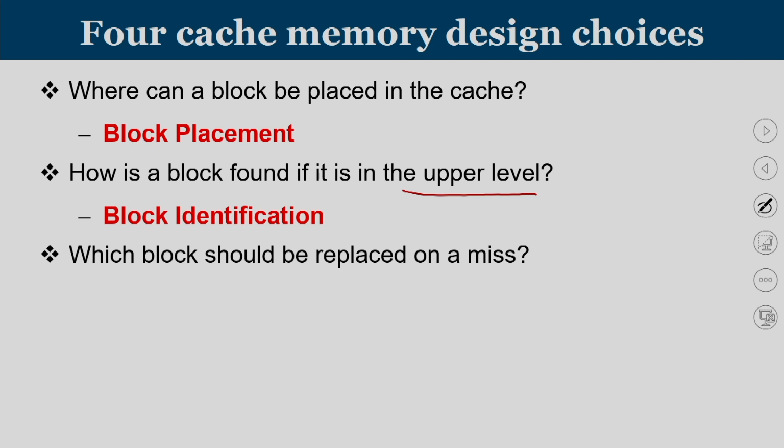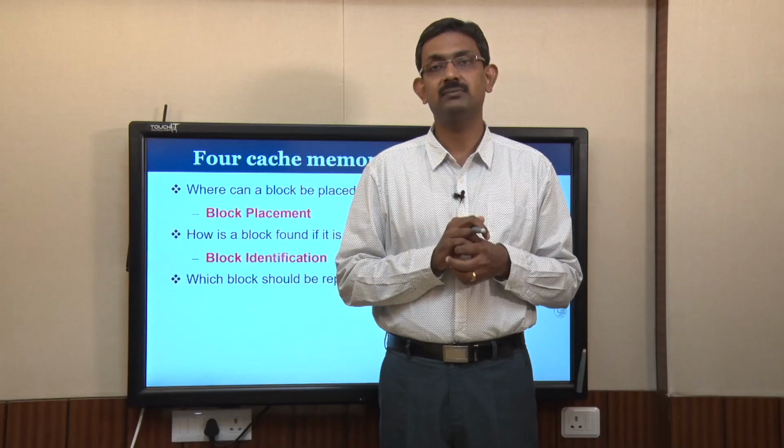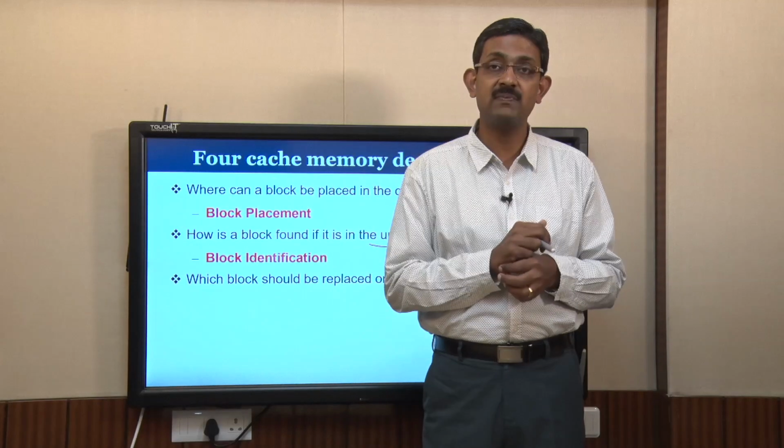The third one is what happens when the addressed block is not present. So, you have to go to main memory and bring the block. When I bring the block, where will I keep it? That is what is given by block placement.